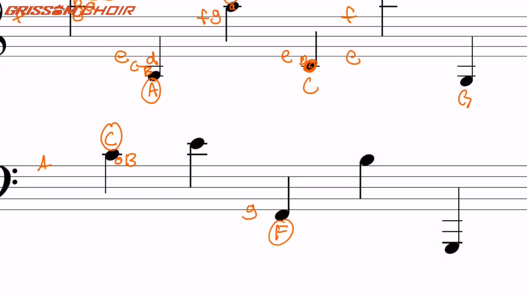At this point, go ahead and pause the video, finish out the rest of the bass clef, play it back and see if you get them right.